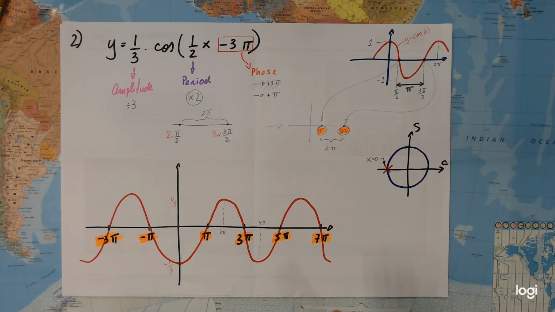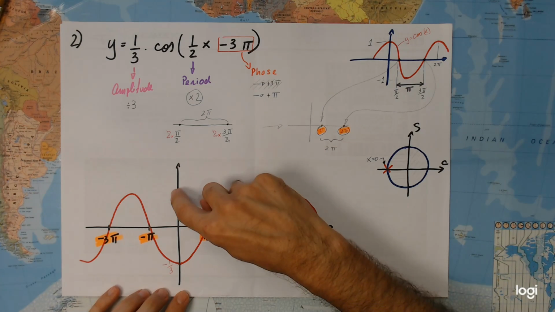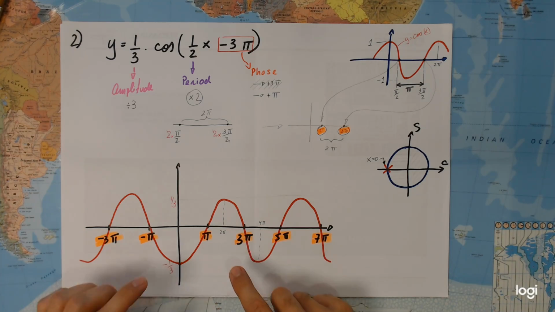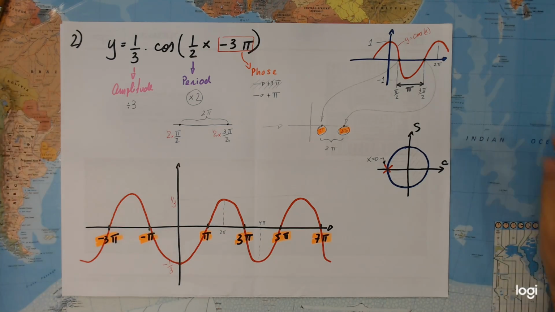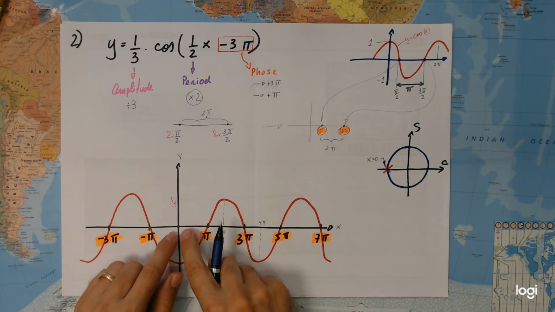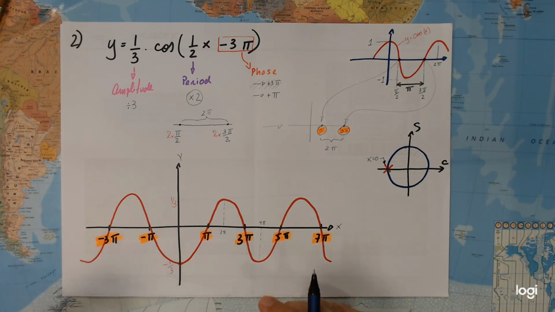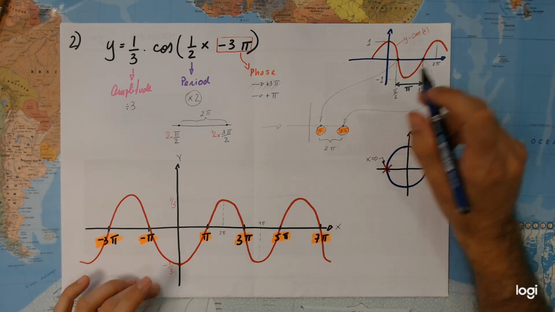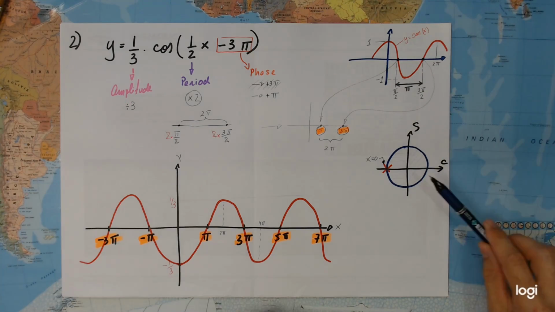But the issue is, are we going to start like this or like this? Meaning, when x, this is x and this is y, starts to grow, is it going to grow from the negative side or from the positive side? And that's how we have to check in here.